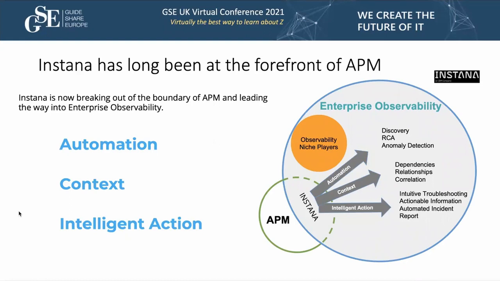So there are three key capabilities of an enterprise observability solution that are really key if you want to think about an observability solution.